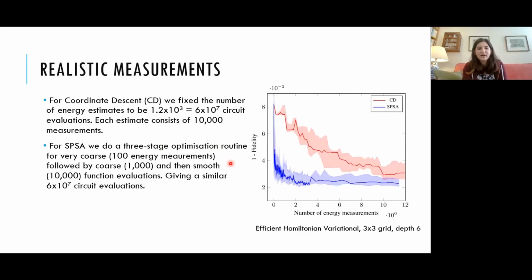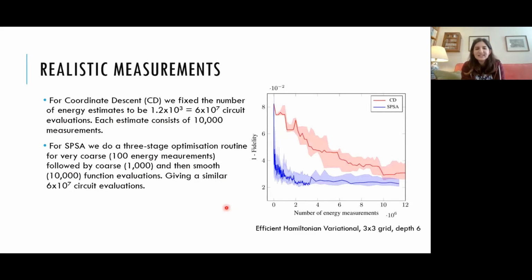We start with very coarse measurements, taking 100 measurements for each. Next, we do 1,000 measurements to get the estimate, and then finally the smooth stage, where we want a really accurate value, and we do 10,000 measurements for the estimate.